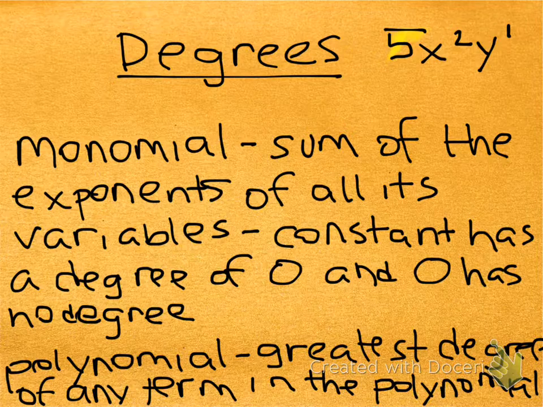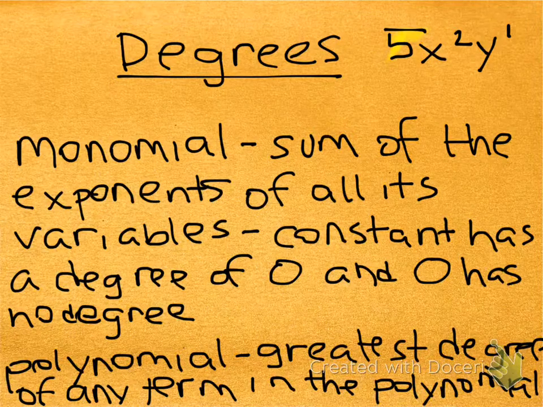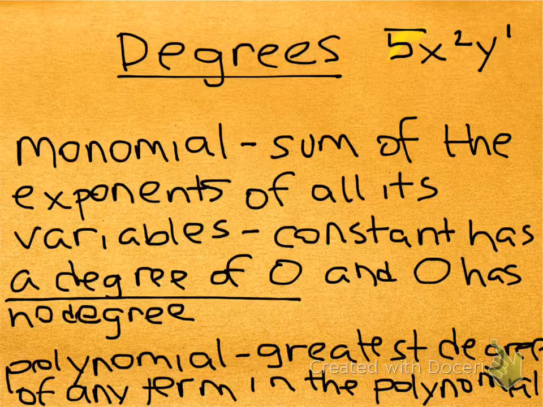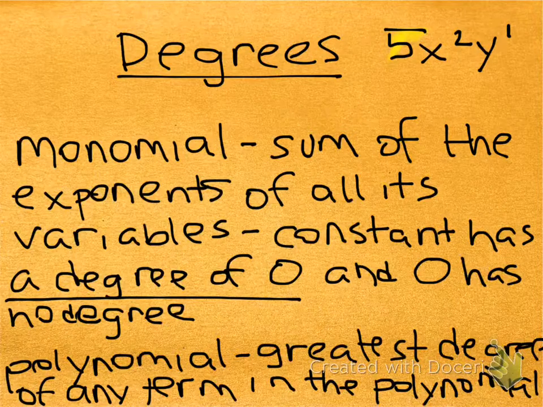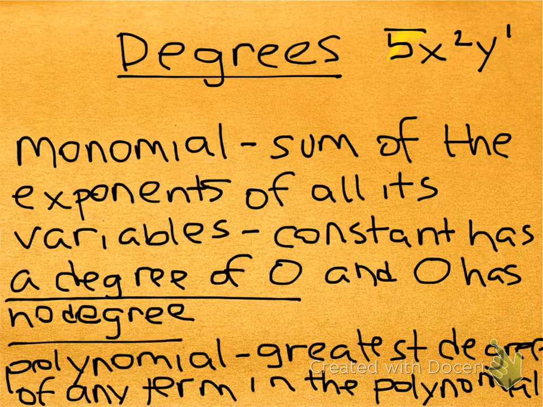If it is just a number, which we call a constant, it has a degree of 0, and if it's the number 0, it has no degree.